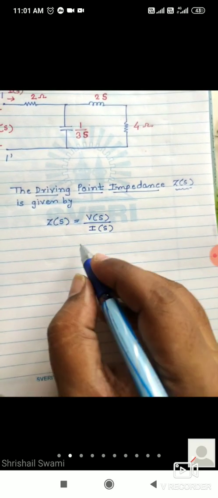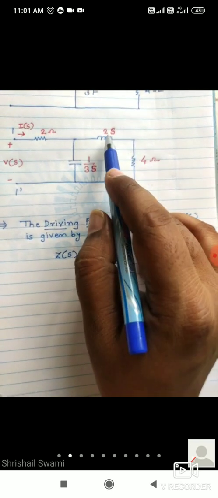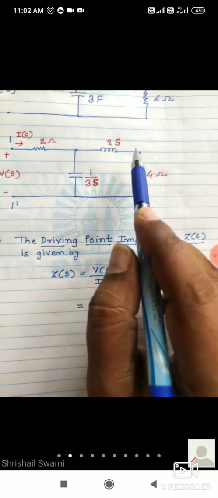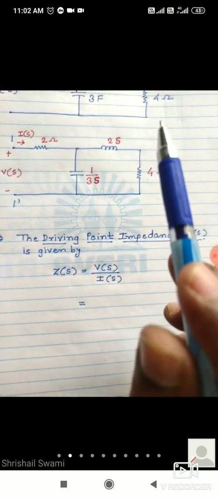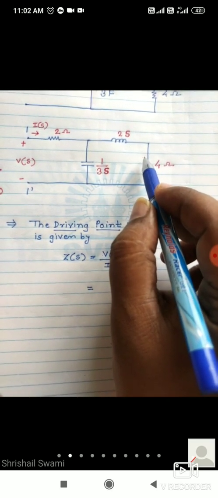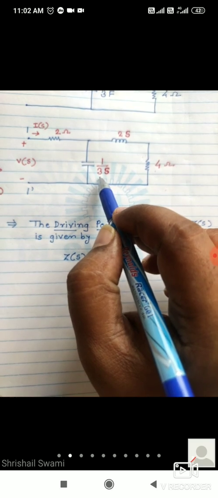So you can mention now 2s and 4, these are connected in series. Network is same, only the position of components has been changed compared to the previous problem. So 2s plus 4, okay, that is in series. That series combination is in parallel with 1 upon 3s, and that is in series with 2 ohm.